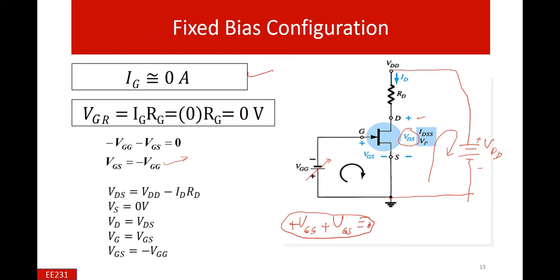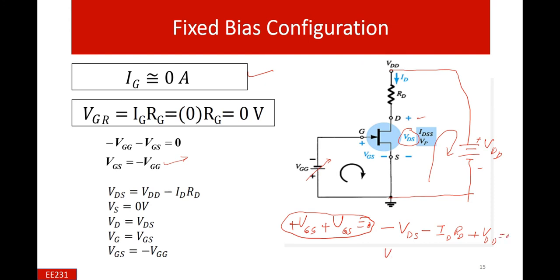I am applying minus VDS, because current is flowing in this direction, so it is a negative voltage drop across RD, ID RD. This is the voltage drop across the RD, and plus VDD. So what is equal to 0?